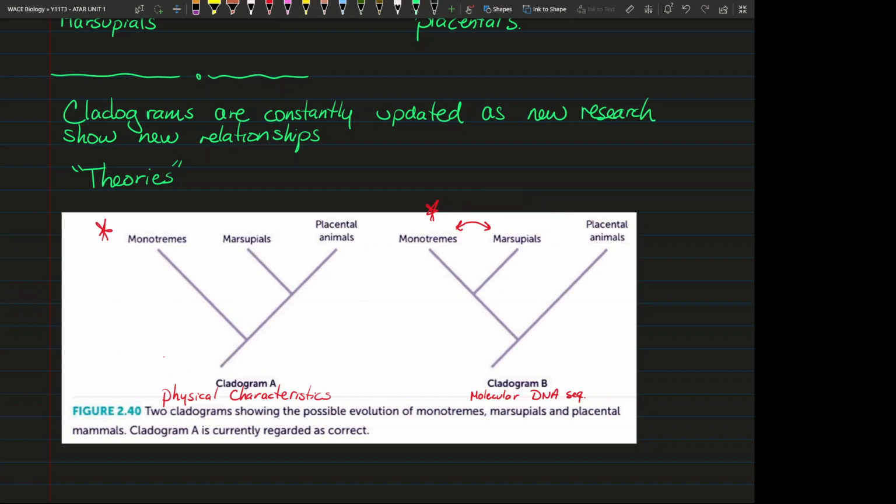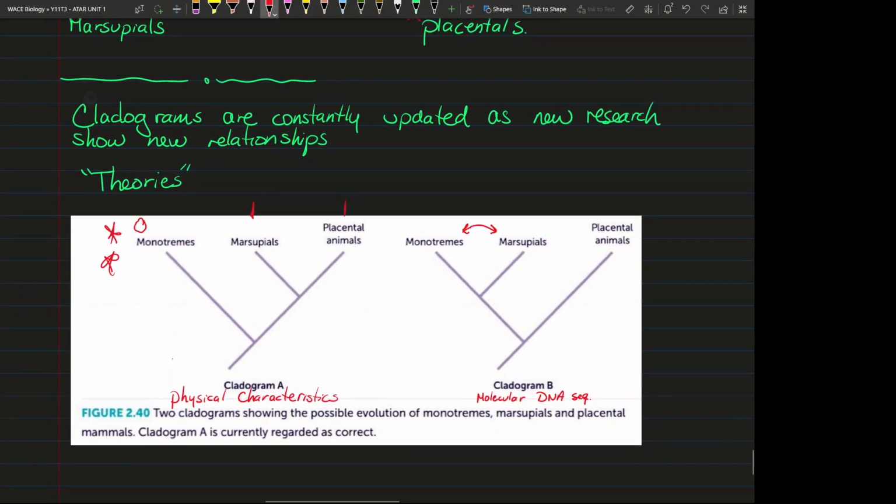But interestingly, right now, the one that is most regarded as correct is cladogram A, based on physical features. Again, given the sense of the golden mole and the African mole, it will seem that they are much different from the monotremes that lay little eggs, right? But this is always changing.